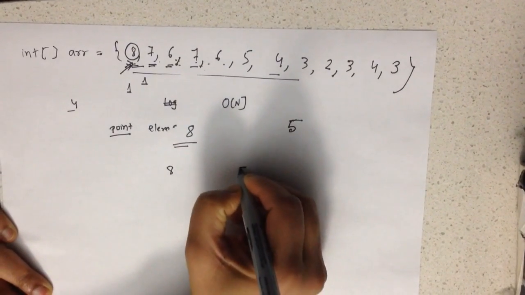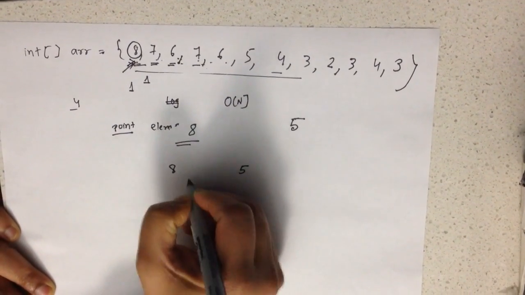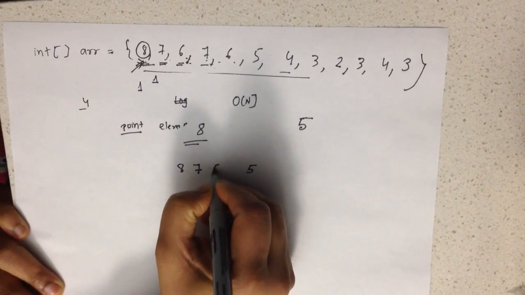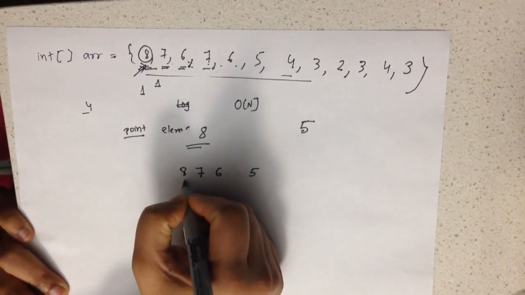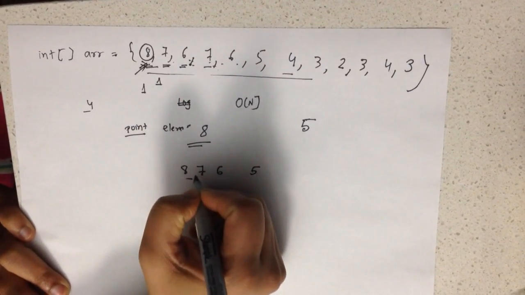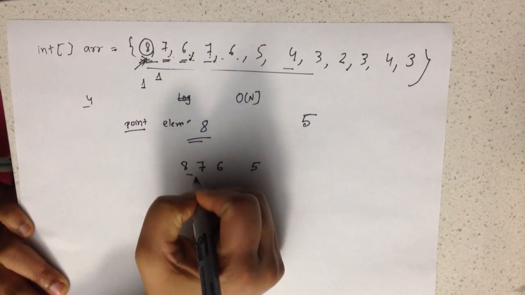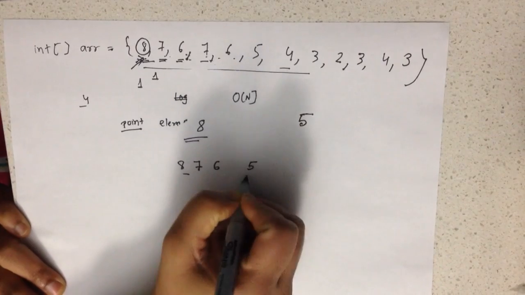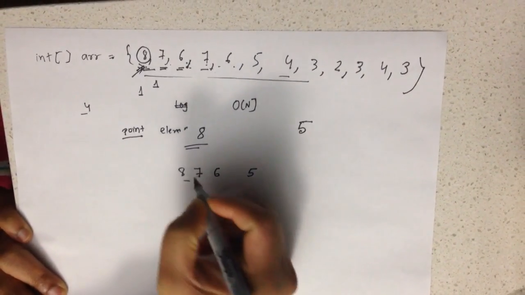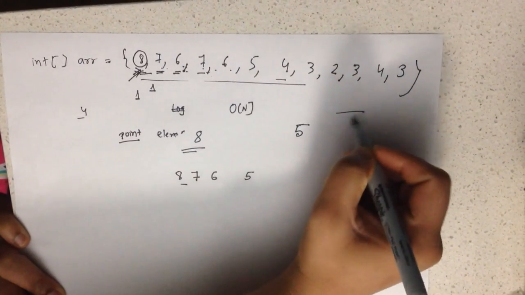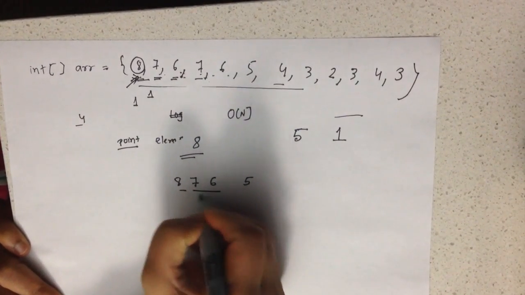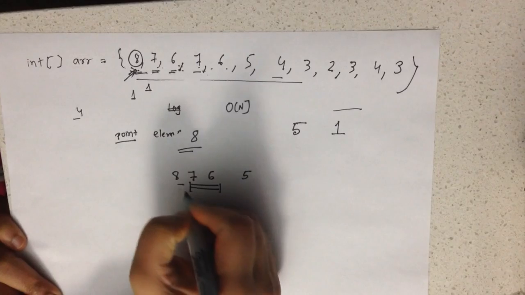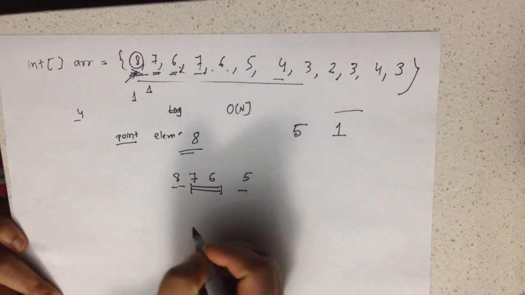To get to 5, the elements in between will be at minimum 7 and 6, because 5 cannot come right after 8, since then the difference between two adjacent elements would be 3, and we have the condition that the difference is always 1. So minimum 2 elements will always be present in between these two elements.